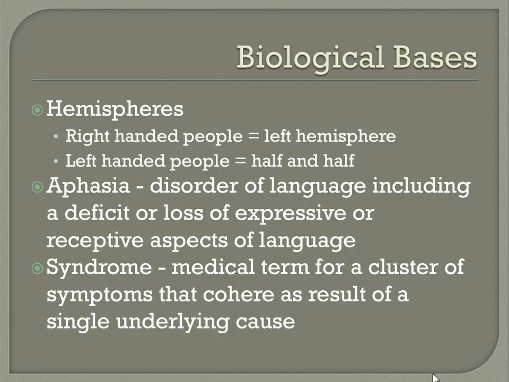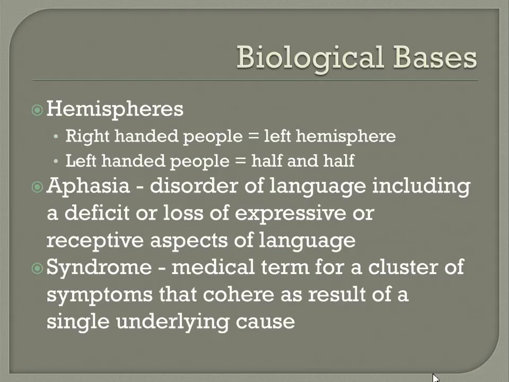Anytime someone has an aphasia, that's a disorder of language where they have some sort of loss of language, where we're losing the expressive language, I can't speak it, or receptive, I can't understand what's coming into the system. Anytime we have a syndrome, it's a cluster of symptoms that tend to have an underlying cause.